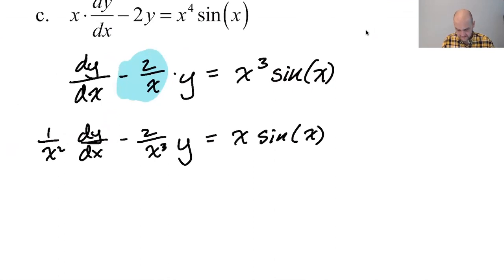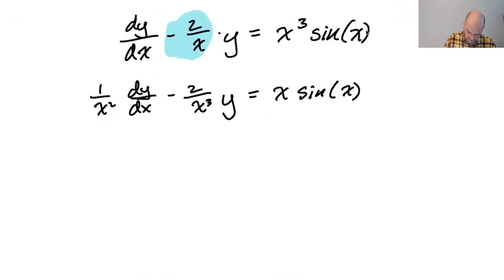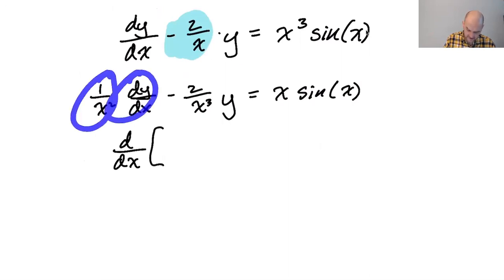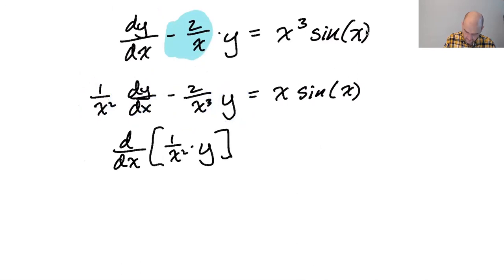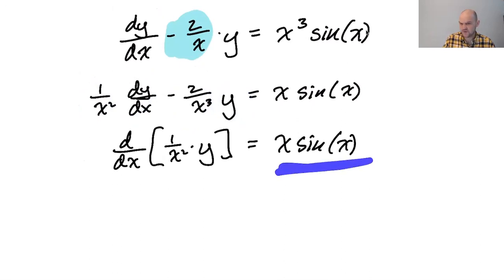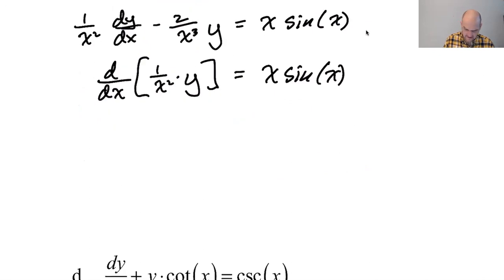If you're doing this right, the left-hand side is always going to be the derivative of, so it's a product rule. So it's first derivative of the second, second derivative of the first. So it's the derivative of 1 over x squared times y is equal to x sine of x. You can tell this side's going to be integration by parts. Happens all the time with these sorts of things.